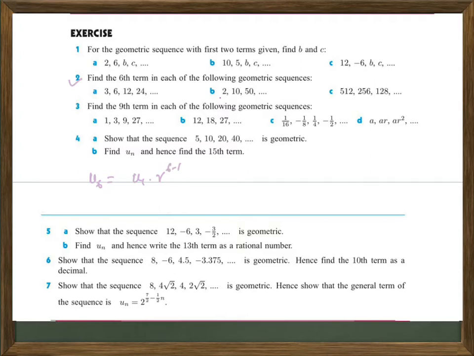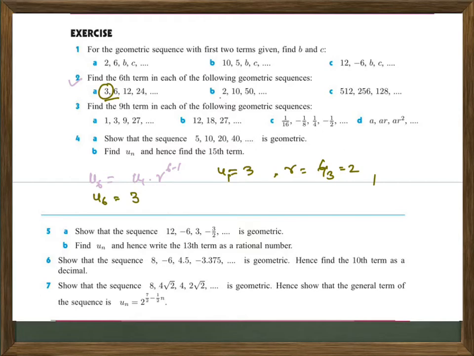So in this case, u6, the sixth term, equals u1. What is u1? u1 is the first term, so 3. And what is the common ratio? The ratio r equals the second term by the first term, 6 by 3 equal to 2.